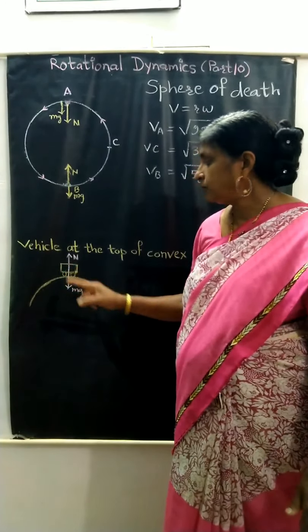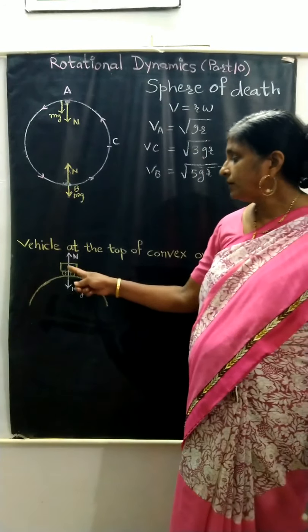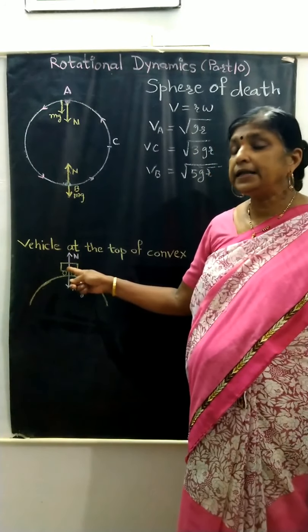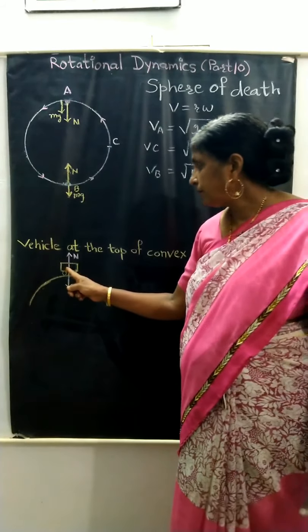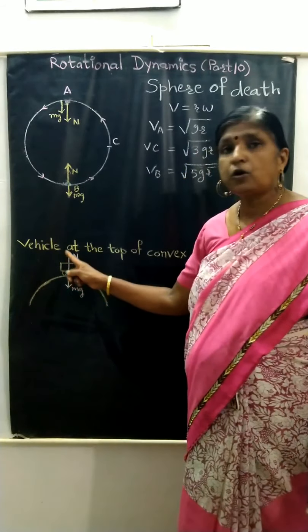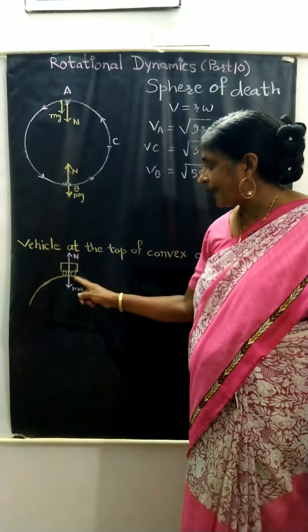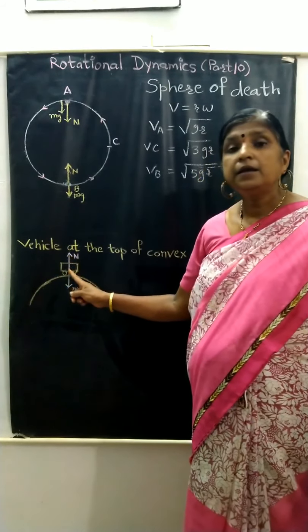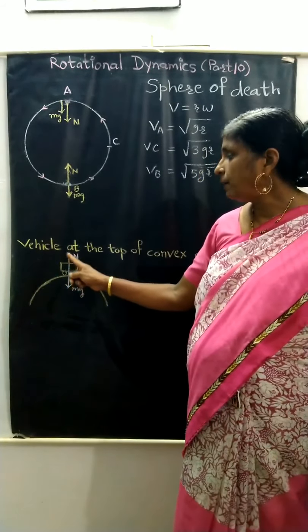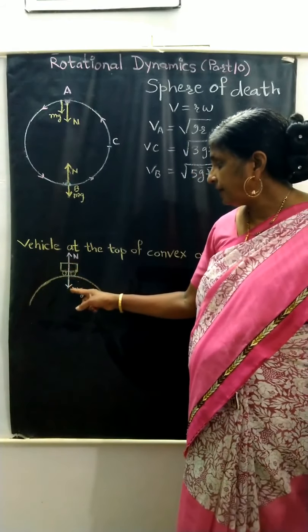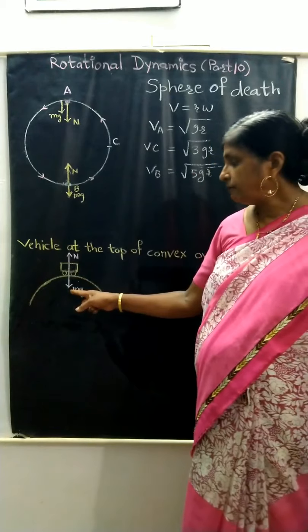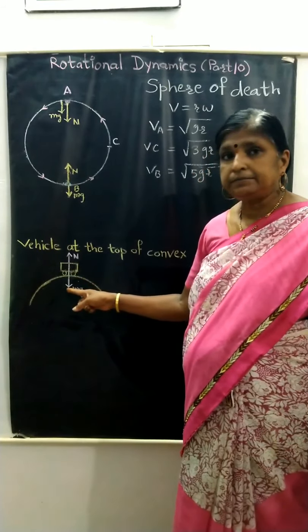The different forces acting on the vehicle when it is at the top of the bridge are the normal reaction, which is normal to the surface of contact, means it is in the vertically upward direction, whereas the weight of the vehicle acts in vertically downward direction.